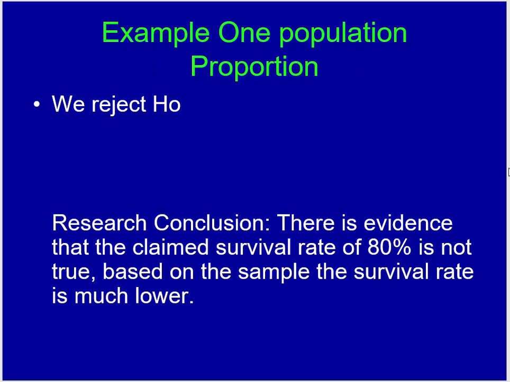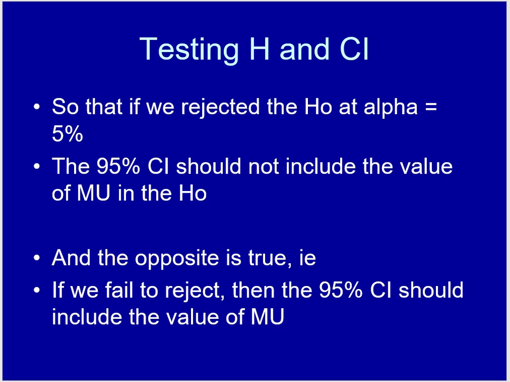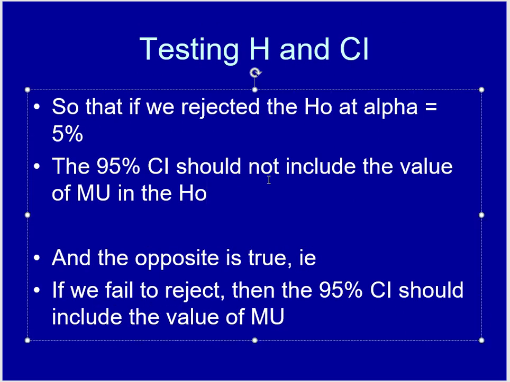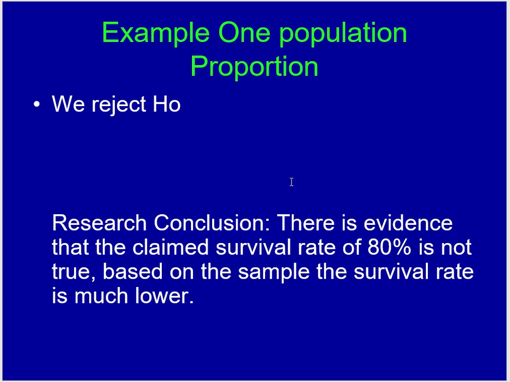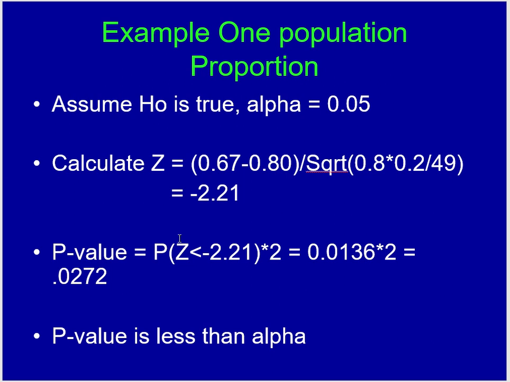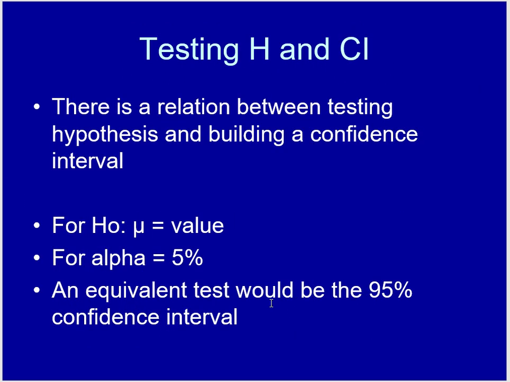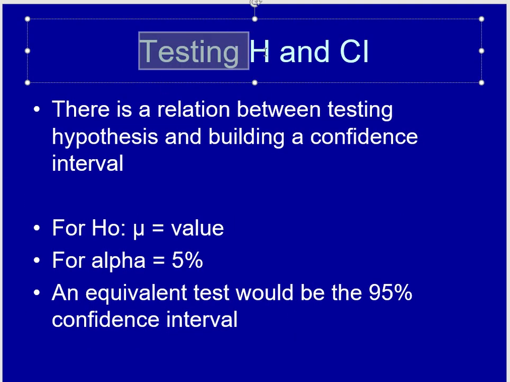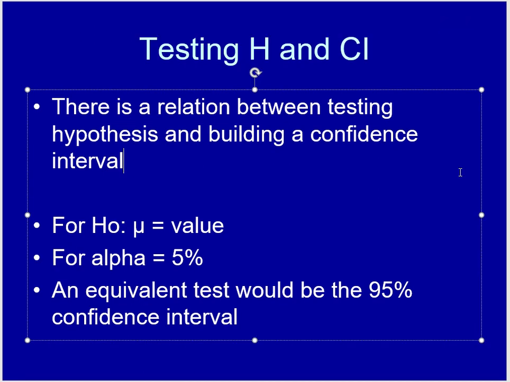Okay, now just to tie up things, remember we had covered previously the confidence interval. It turns out that there is a relationship between testing hypothesis and confidence interval, meaning that you can reach the same conclusion whether you do a hypothesis test or a confidence interval.